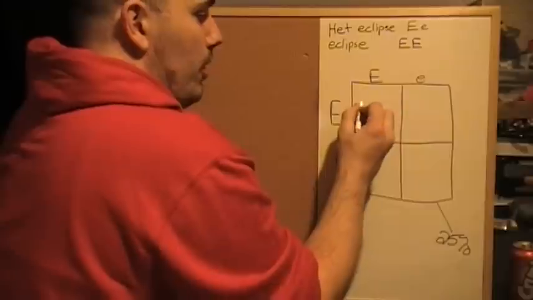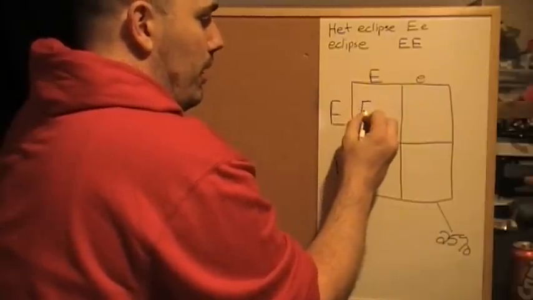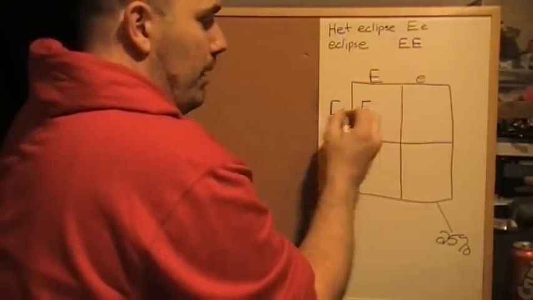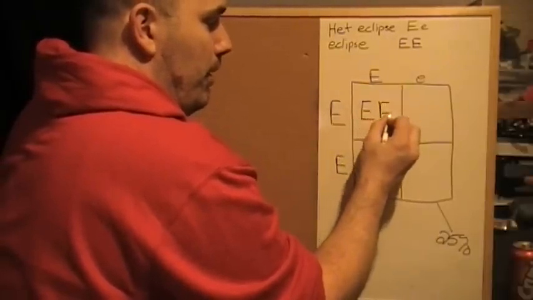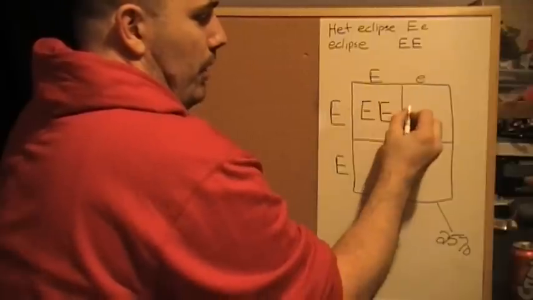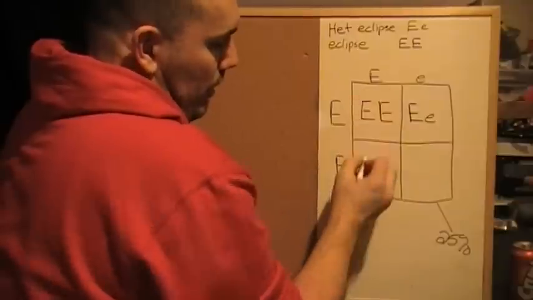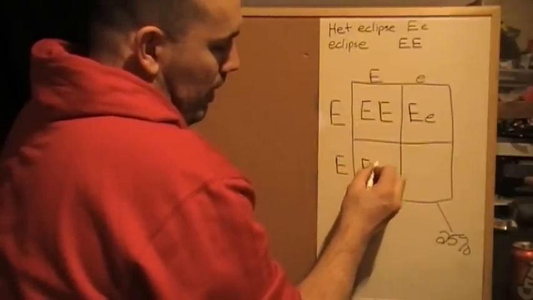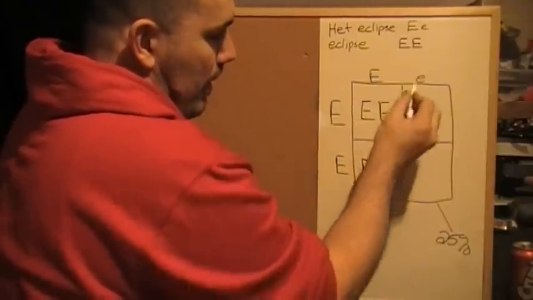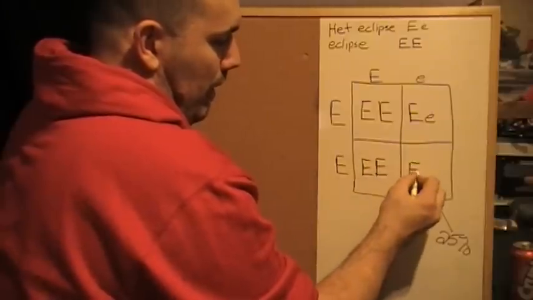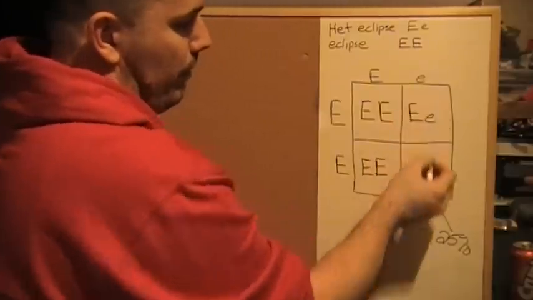Up here, you've got E from the top, E from the side, so two capital E's. This one, a capital E and a lowercase e. This one, a capital E and a capital E. This one, a capital E and a lowercase e.